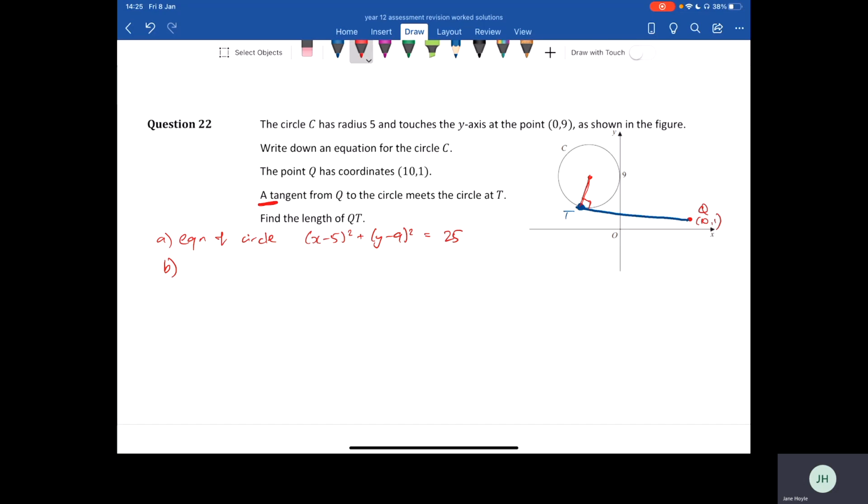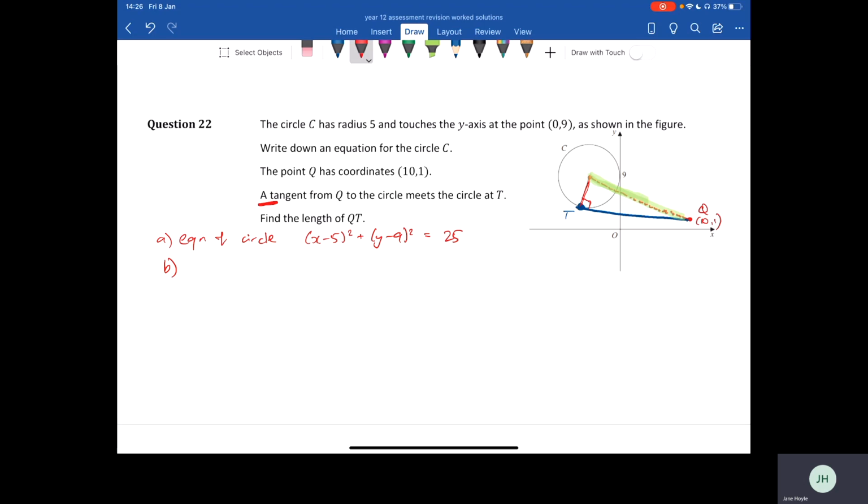Okay, and now I can see what to do, I think, because if I could find that length there, then I could use Pythagoras. In particular, this length here would be the hypotenuse of that triangle there.